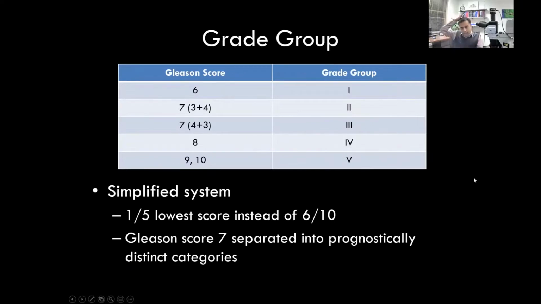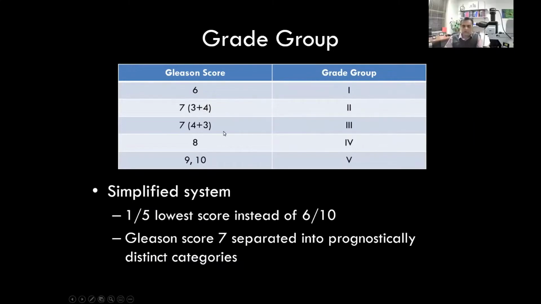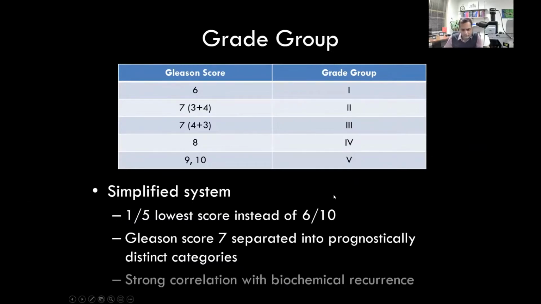So this is also very important, because most of the prognostic nomograms used to actually just say Gleason score 7 instead of substratifying into 3+4 or 4+3, which we know makes a lot of difference prognostically, right? So this grade group actually fixed that problem as well, because now all the nomograms either use grade group 2 or grade group 3. So that's important. And then the grade groups have also shown strong correlation with prostate cancer biochemical recurrence.